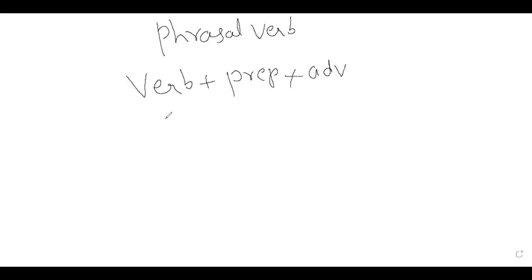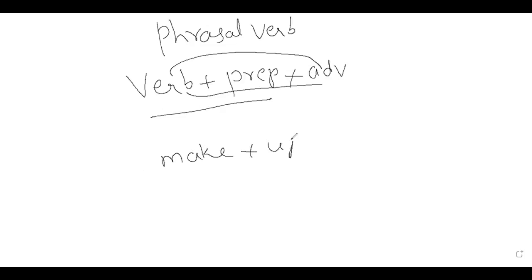So this could be either verb plus preposition, or verb plus adverb, or a combination of three. So if I say make plus up, usually up is a preposition that gives a direction of vertical, whereas make is a verb which gives the sense of prepare. So if I look at the individual meaning of these two words, am I preparing something in the vertical direction? No, it is not that meaning.